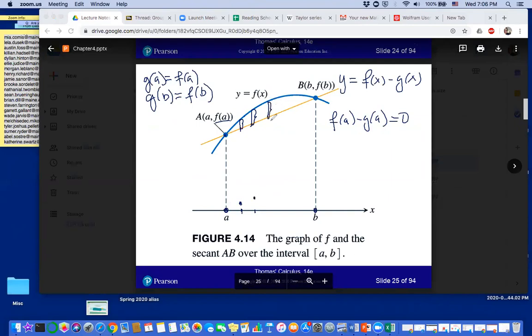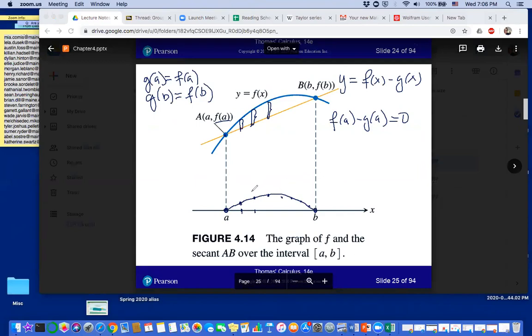Right here, it's going to be this height. So if I were to go like this point by point, I'm going to have something that goes like that. And then I can just connect the dots. Is that clear?